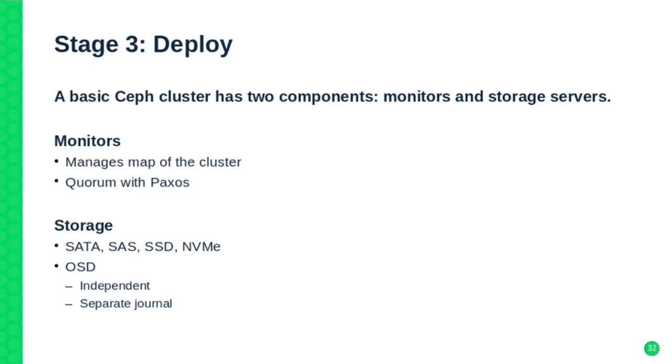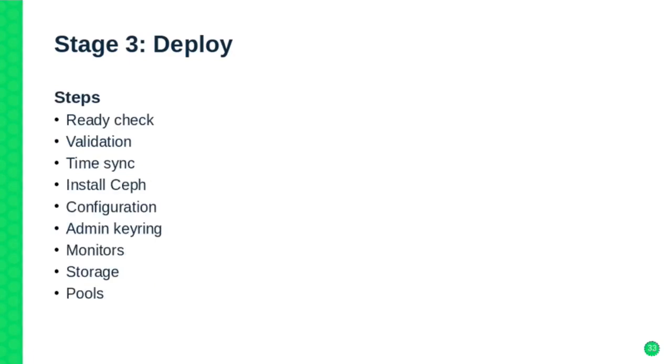You have SATA drives, SAS, SSDs, NVMEs, and even between those, if you have different models of drives, you can use one drive as a data drive and one of the other media as a journal drive. And then the proportion of data drives to journal drives, you can change that too. So there are significant things you can do here.